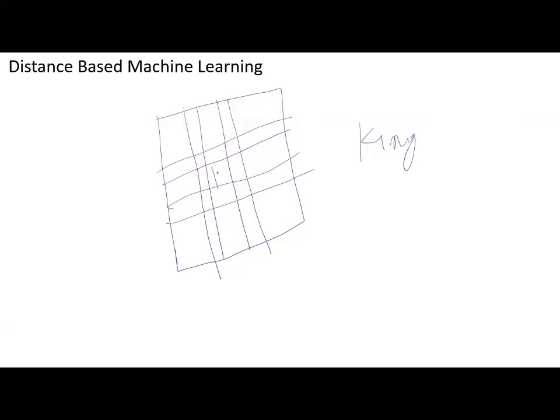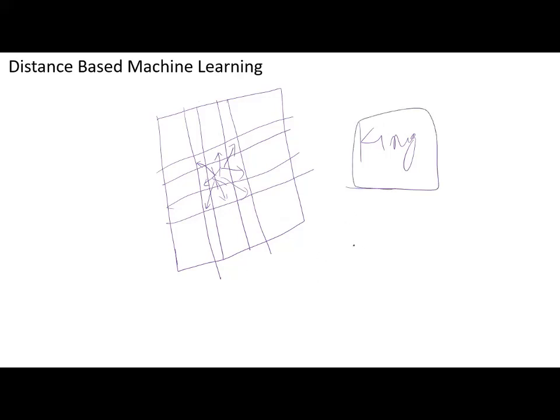If the king is here, he can move to these squares. These are all the possibilities of the king.